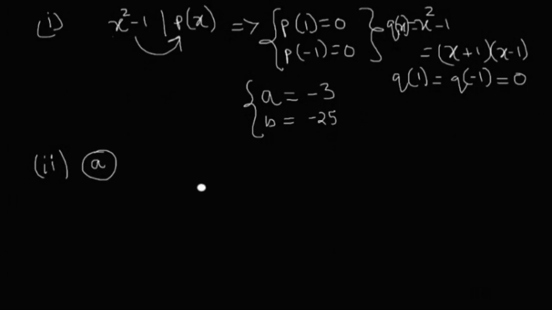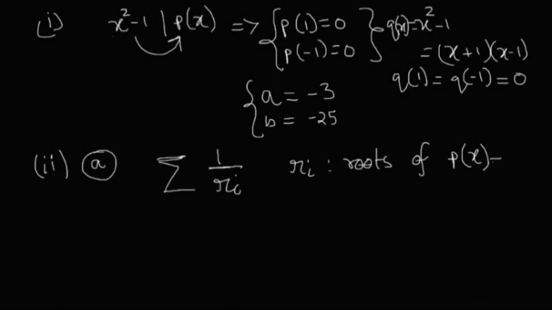So you need to find the summation of 1/Ri, where Ri are the roots of p(x) = 0, and of course i is from 1 to 400. I will abstain from writing this, but it's quite understood. So in what way will you get this?